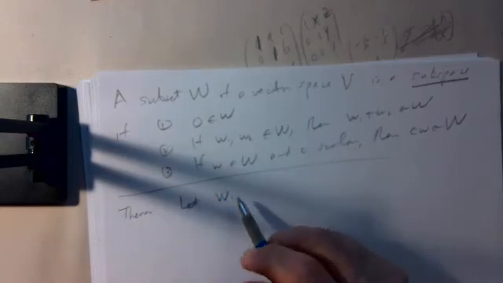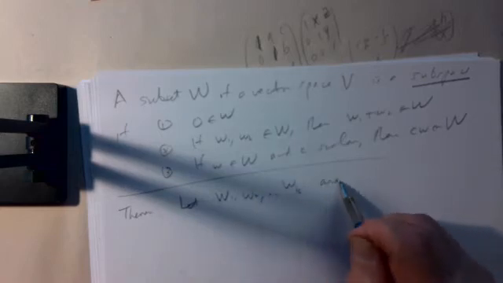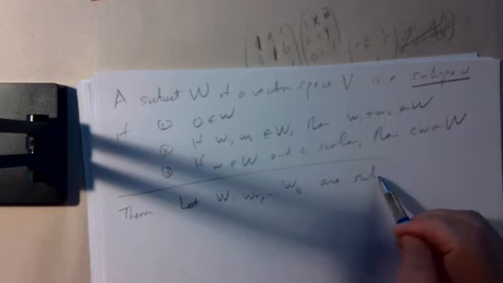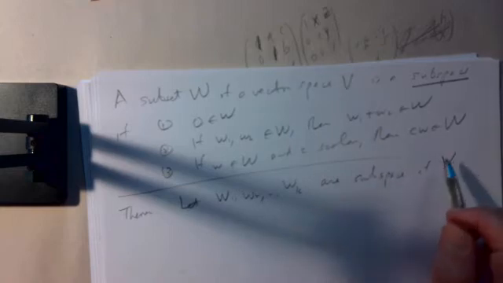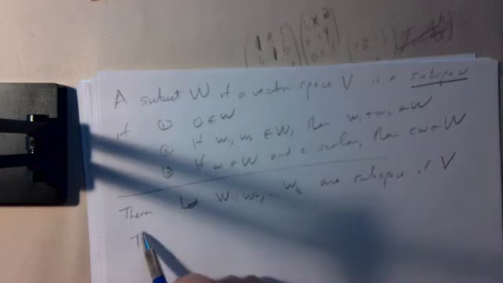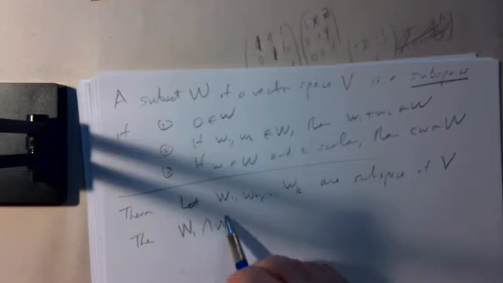Suppose W1, W2 up to Wk are subspaces of a vector space V. Then if we take what is called the intersection, this symbol is called intersection.